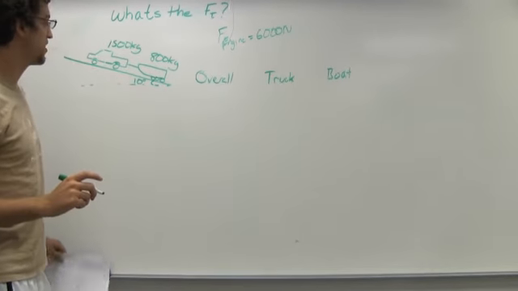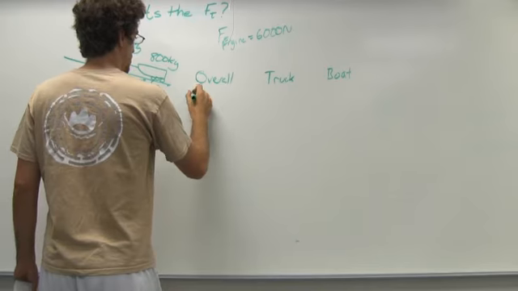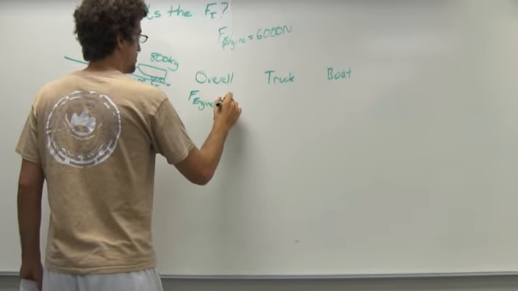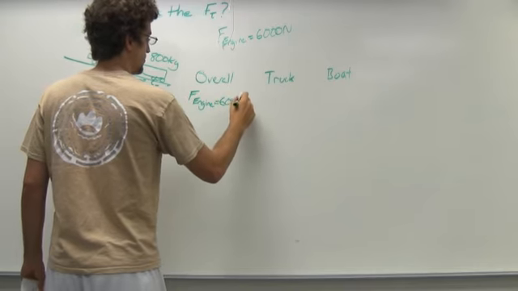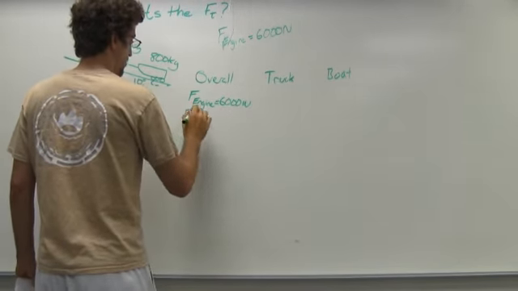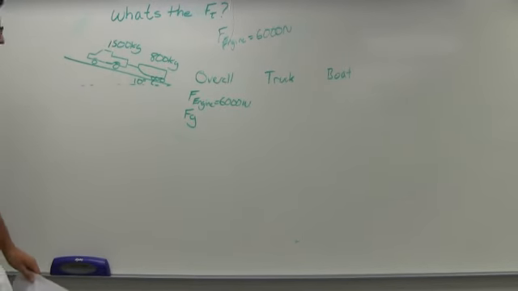What are the forces on the overall thing? We've got the engine, which is 6,000, and we have the force of gravity, which is pulling it back down the slope in the opposite direction.